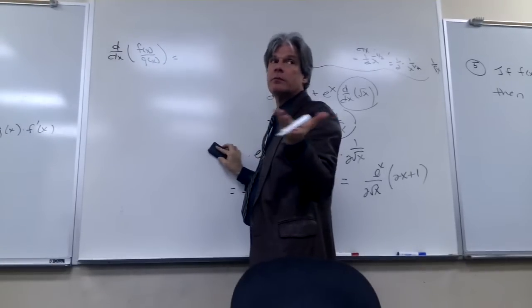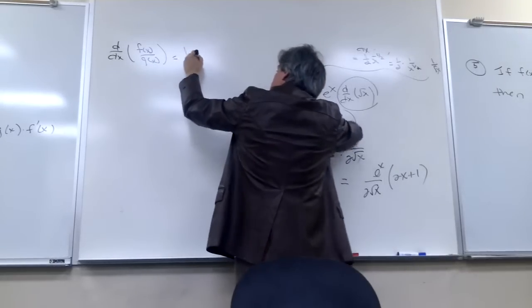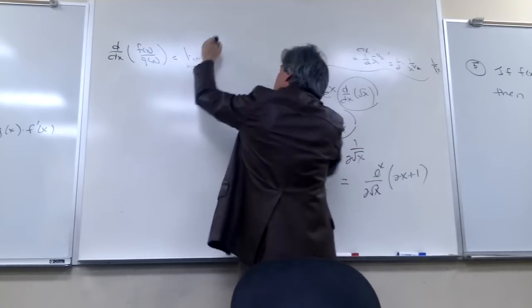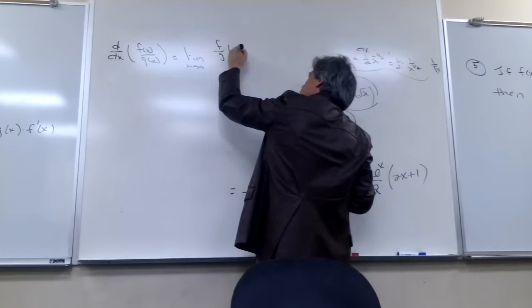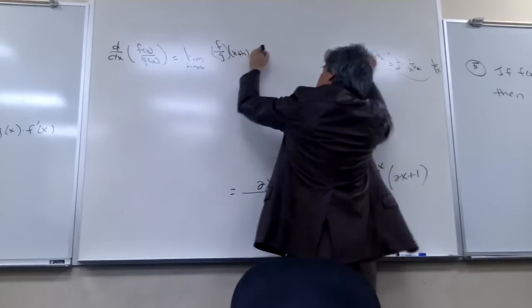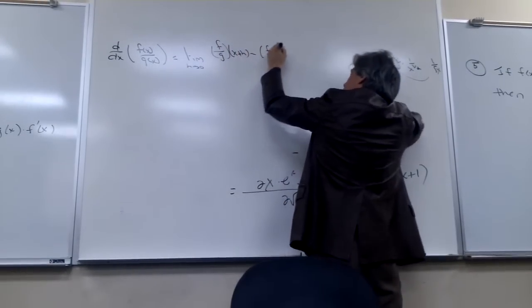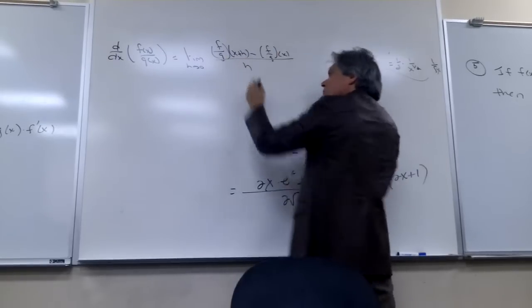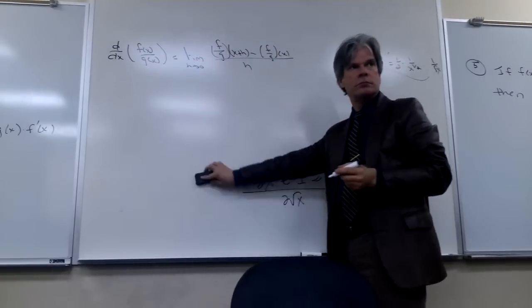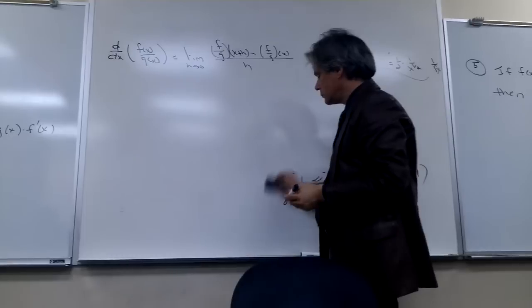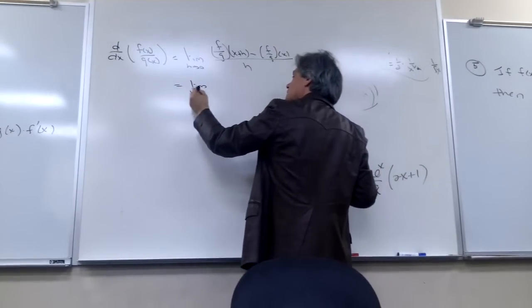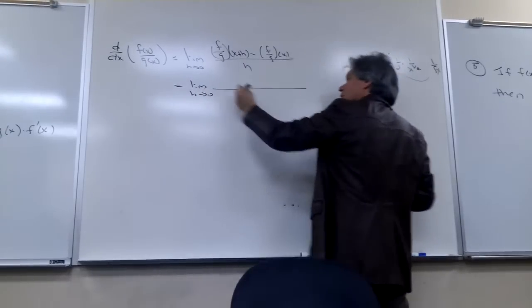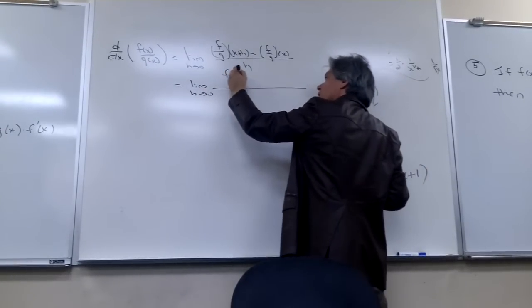That gives me a limit as h goes to 0 of this ratio function evaluated at x plus h, minus this ratio function evaluated at x, all over h. But by definition, in terms of Math D, the ratio of two functions is simply a function whose output is a ratio of these two outputs.